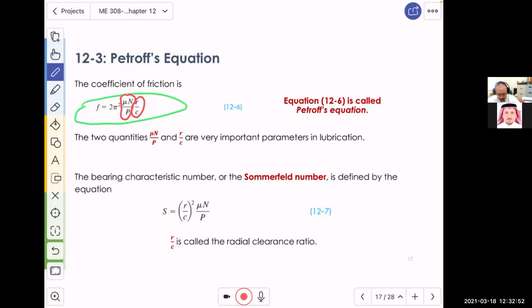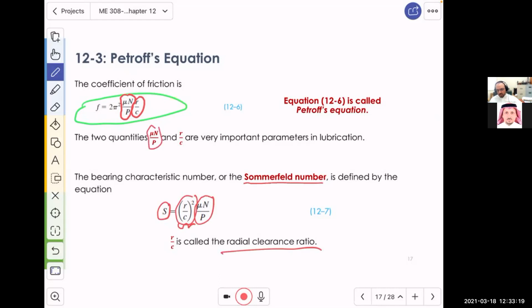Now, the bearing characteristic number, also known as the Sommerfeld number, is defined by S, which is equal to R divided by C squared, multiplied by other ratios. It's basically the radial clearance ratio squared multiplied by another ratio.